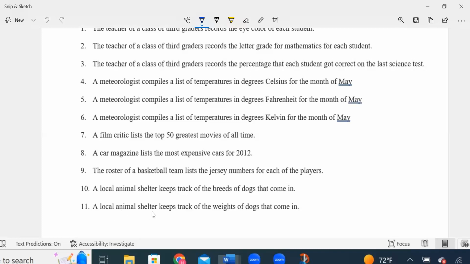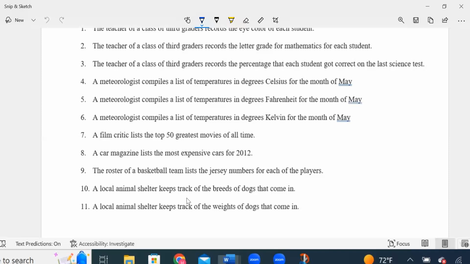Now, a local animal shelter keeps track of the weight of the dogs that come in. So now I'm looking at the weight. This will be ratio, right? 0 pounds is the starting point for all the weights. There's no weight that is a negative number. Let's say a 5 pound dog is 1/4 the weight of a 20 pound dog.